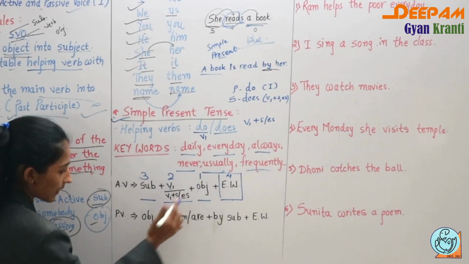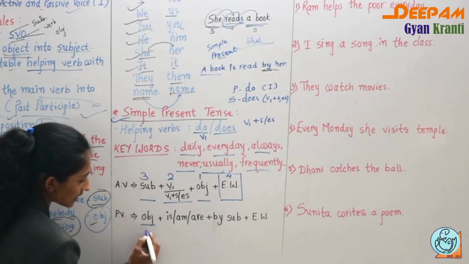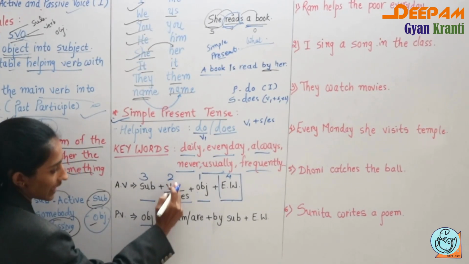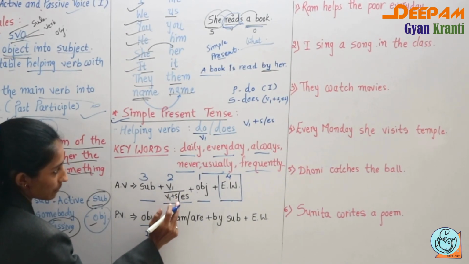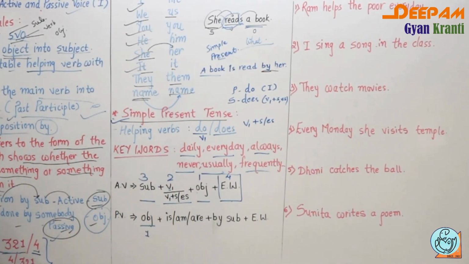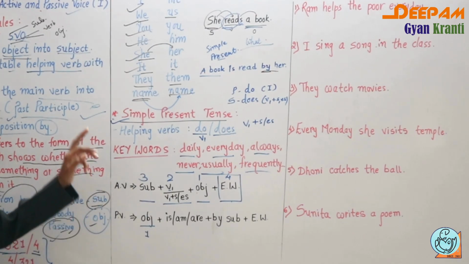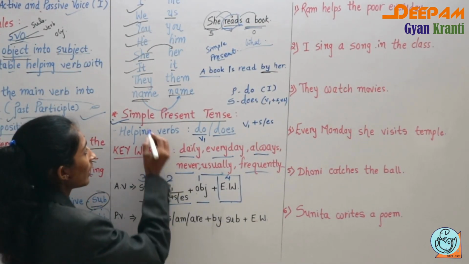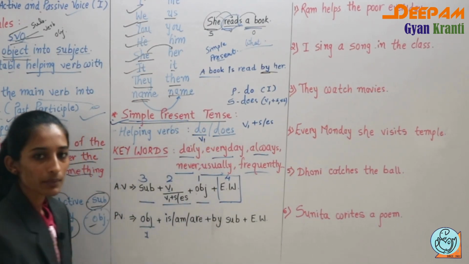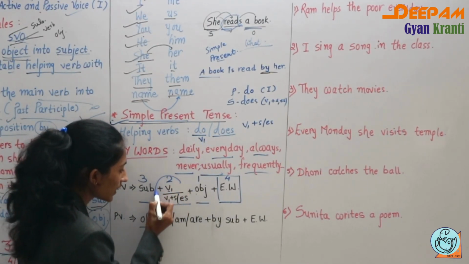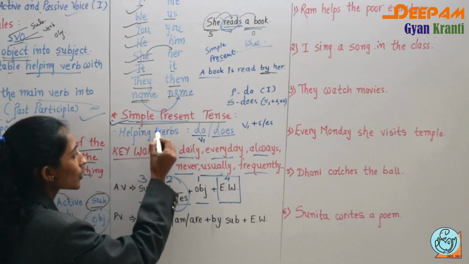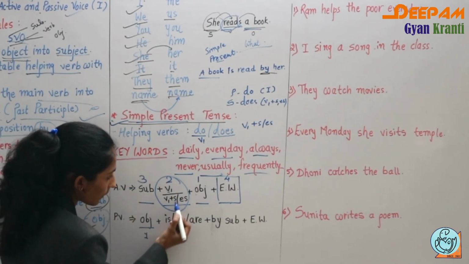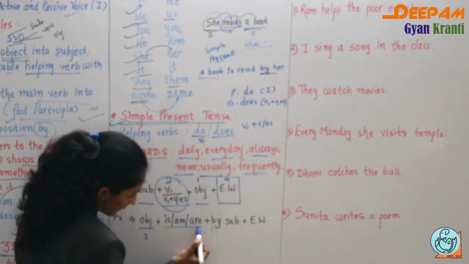So first number, object. See, you can see here 1. Second number, V1 S or ES, but I already told you that when you convert into passive voice, you have to use a suitable helping verb. So if we are talking about simple present tense, then we have V1 S or ES, and you have to change it into is, am, are.